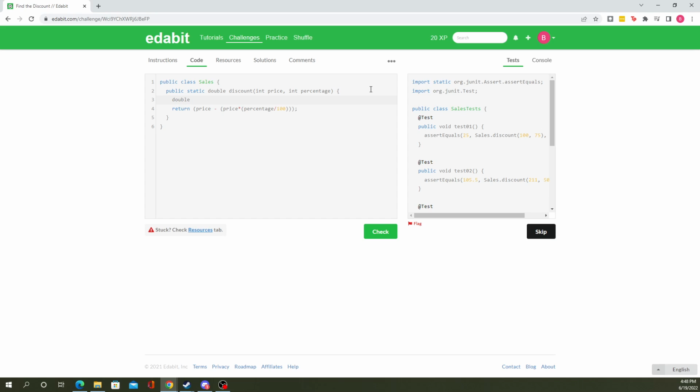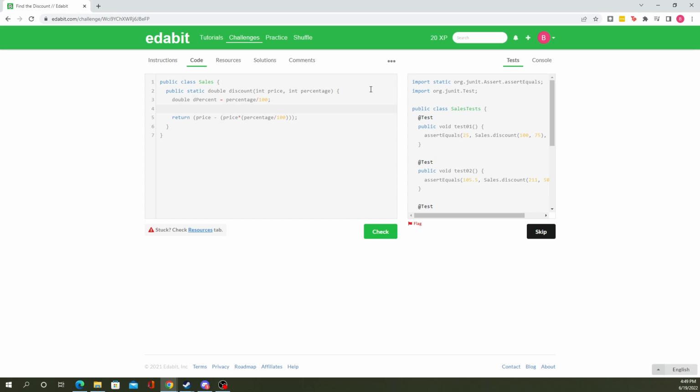Let's just use a double, discount, D percent. That'll be our discount percent, which is equal to percentage divided by 100. By logic, using the first test, it would be 75 divided by 100, or 0.75. Cool.